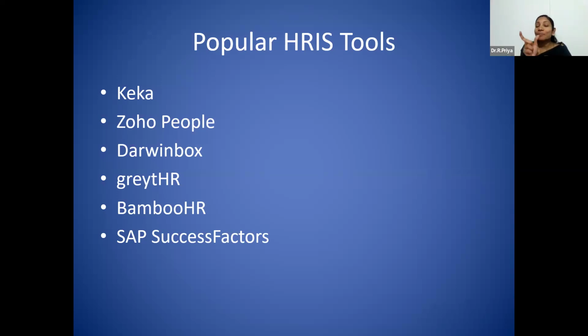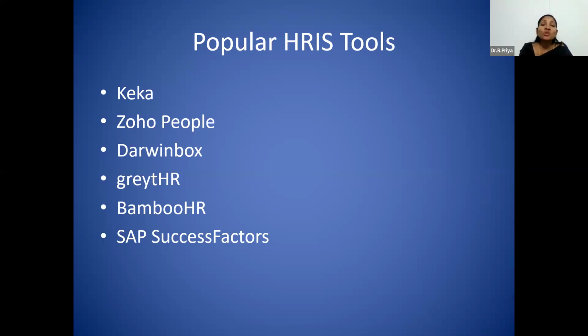For startups and SMEs, small and medium enterprises, we can use Keka, Zoho People, Greytip HR. But for large enterprises, we can utilize Darwinbox, SAP SuccessFactors, Bamboo HR. I hope you understand which type of HRIS tools suit which type of organizations.